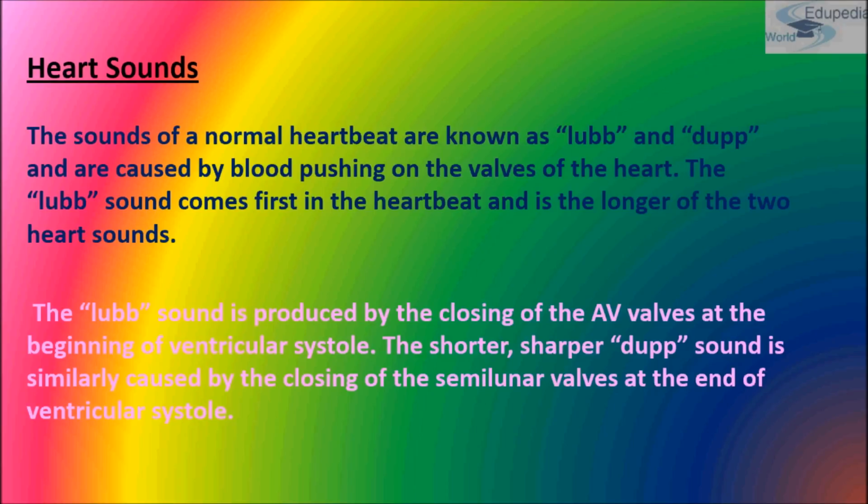Damage to the bicuspid or tricuspid valve affects the quality of the first heart sound. Now when the semilunar valves are injured, a soft hissing noise, that is lubbish, is heard in place of the second sound. This is called a heart murmur.